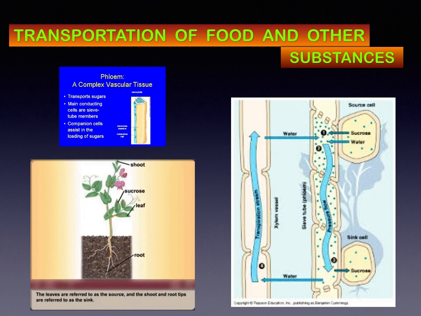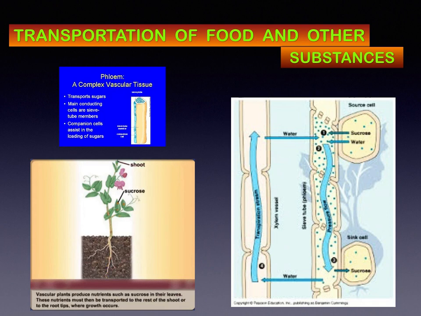Translocation of material is not a simple physical process because it requires energy, and actually this energy is obtained from ATP. Whenever food materials like sucrose are transported, as you can see in the picture, toward a part of a plant via the phloem with the help of ATP, the water concentration decreases in that part.